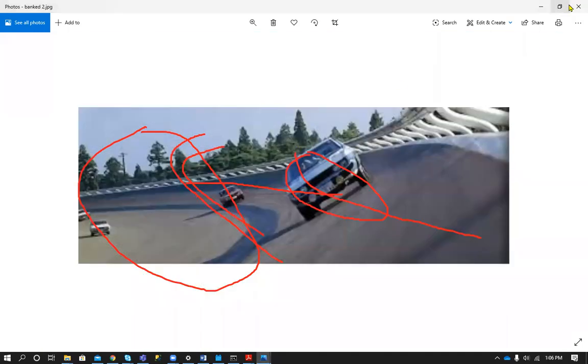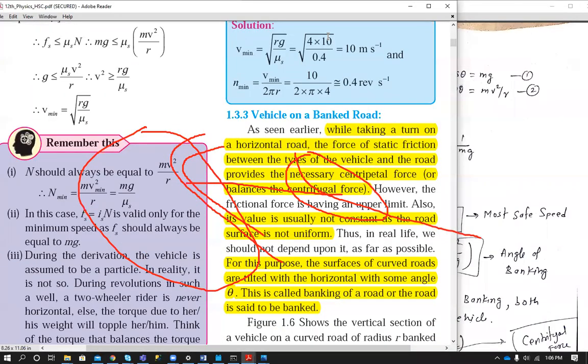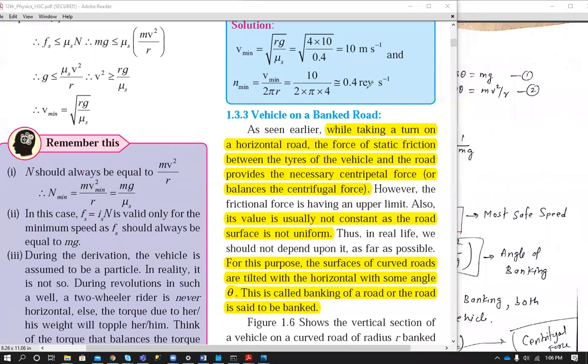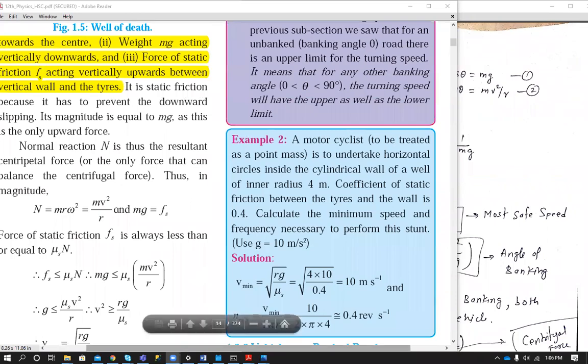Initially we saw the case of horizontal curved roads, where friction plays a very important role.